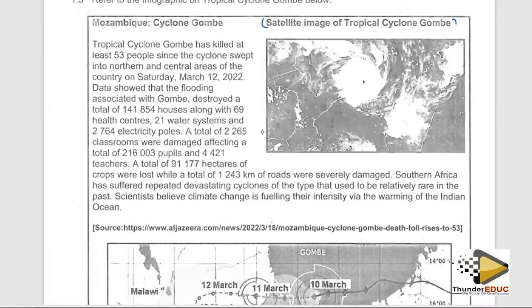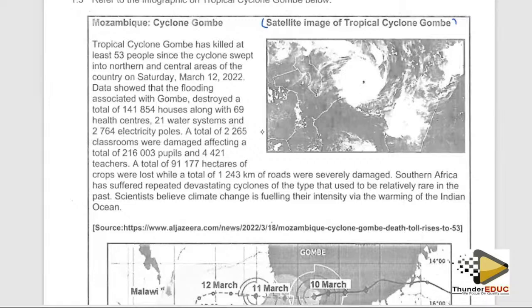A total of 2,265 classrooms were damaged, affecting a total of 216 pupils and 4,421 teachers. A total of 91,177 hectares of crops were lost, while a total of 1,243 kilometers of roads were severely damaged.